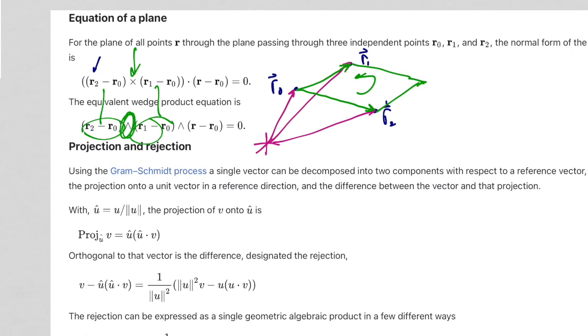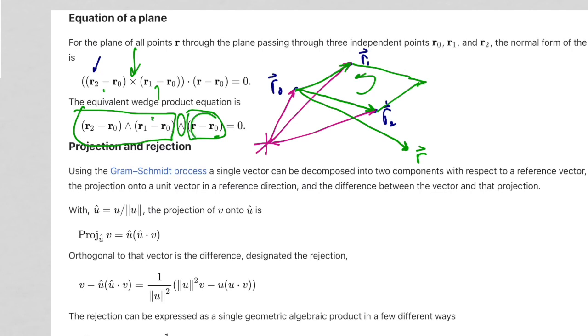And now what we say is we're going to look at this other field vector, say the point is out here, r, and we're taking r minus r0, which is this vector here. And now we're going to take the wedge product of that with this bivector. So to be really clear, this guy here is a bivector, and we're taking the wedge product with a bivector. So the ultimate result is a trivector.